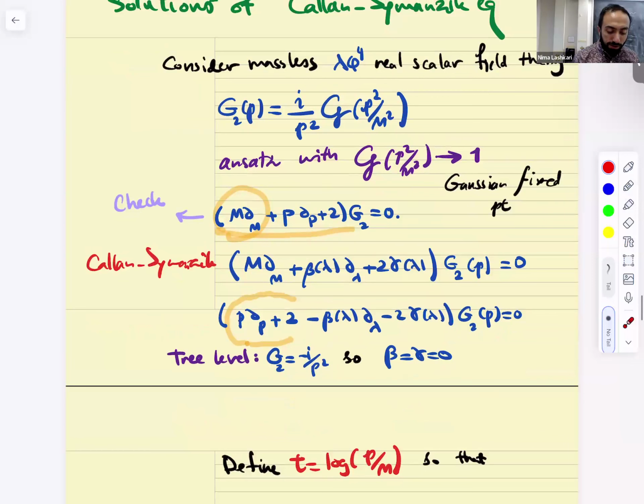At tree level, G2 is going to be minus i over p squared, which solves this, and beta lambda and gamma lambda are 0.